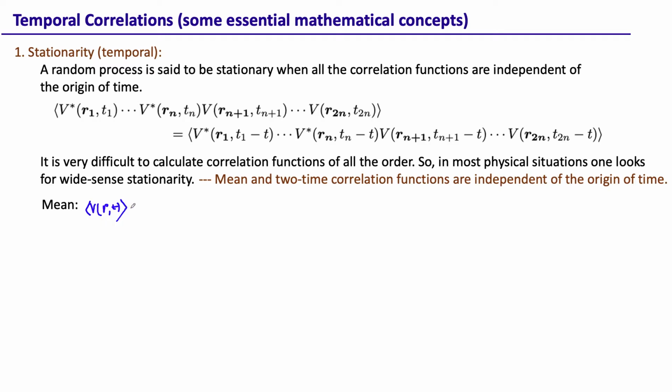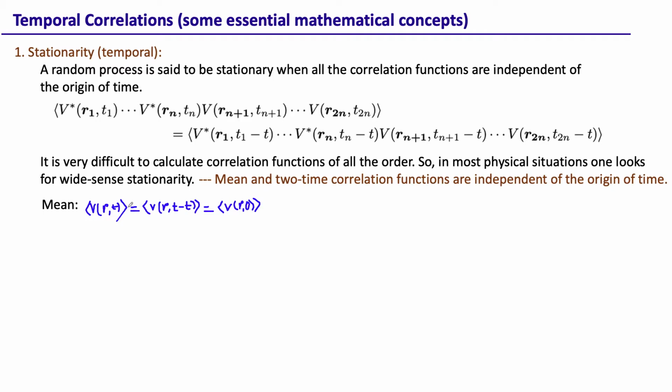So if this is equal to this, or this doesn't change, if we change the origin of time, let's say just right now we will change this by T, then we say that the mean is independent of the origin of time, and this simply then means that this is equal to V(r, 0).